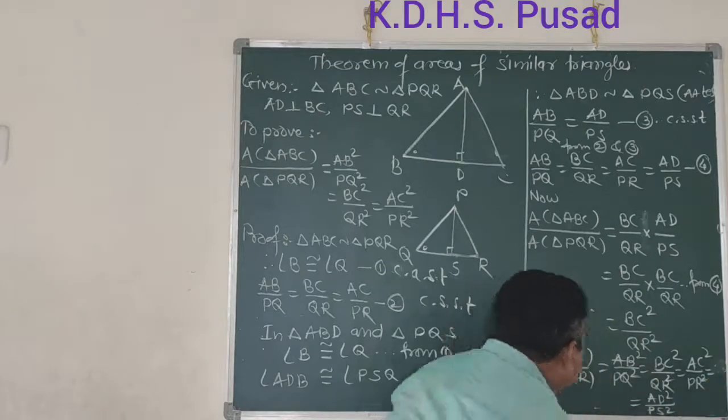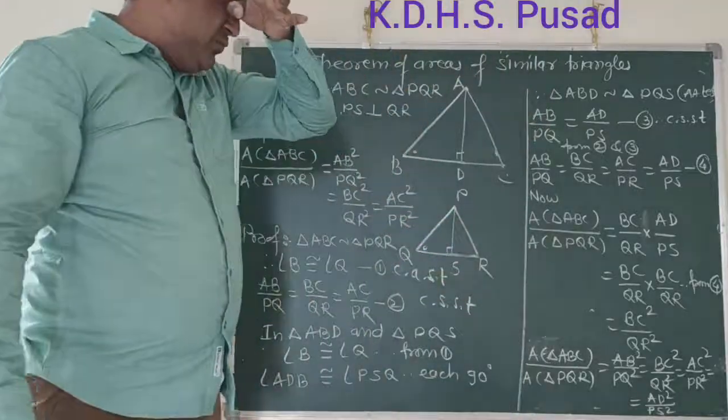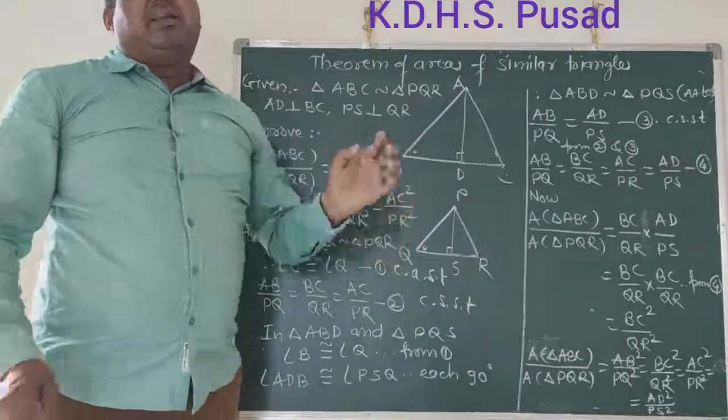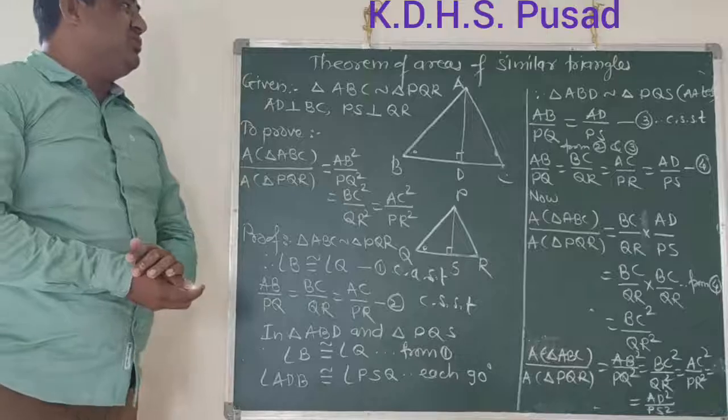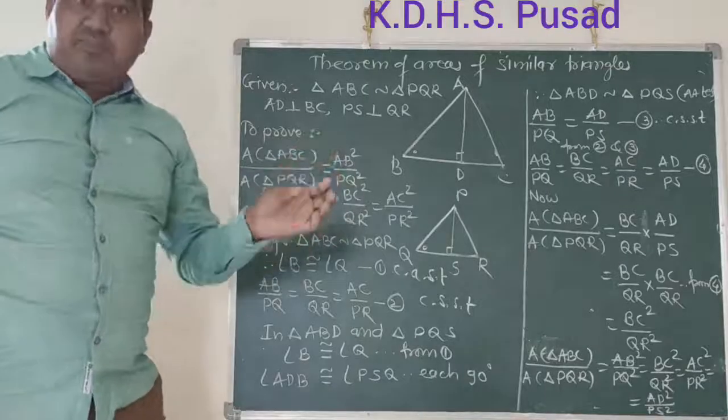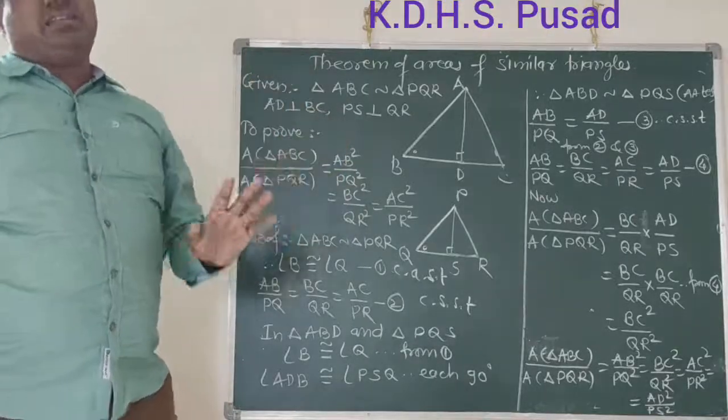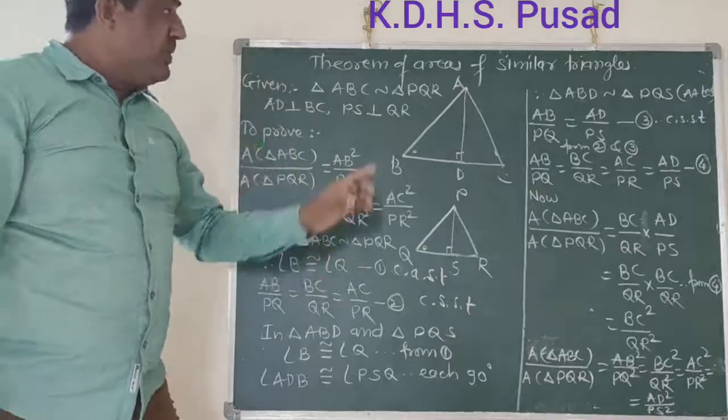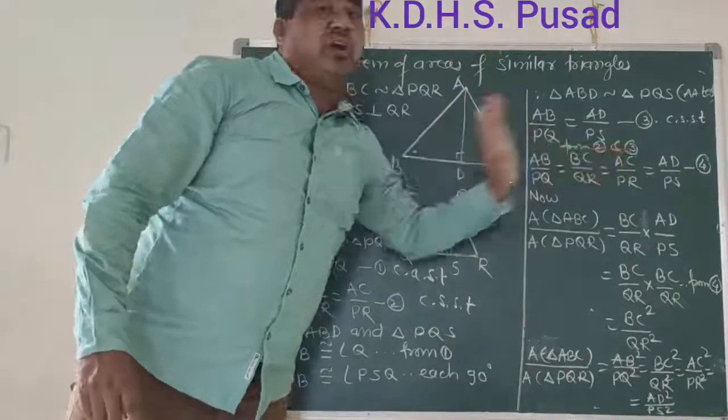All these are equal. So in this way, we can say that for two similar triangles, the ratio of area of these two triangles is equal to the ratio of squares of their corresponding sides as well as the ratio of squares of their corresponding altitudes also.